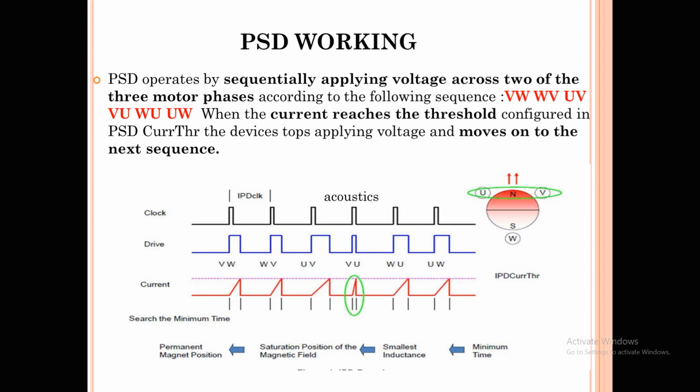And if the N pole is at the closest distance, it means that if you energize that particular phase, then your motor will spin in a forward direction, right? Hope you get the basic idea of how it works.